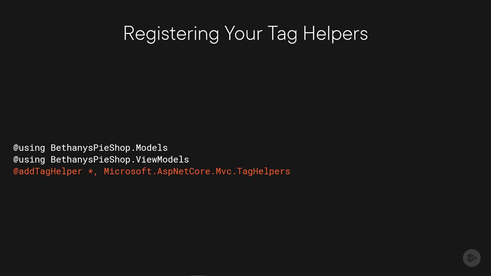Here you can see the updated view imports file, where I've now added a call to addTagHelper. To addTagHelper, we say using an asterisk, so a wildcard, that all tag helpers in the assembly Microsoft.AspNetCore.Mvc.TagHelpers should be made available. Since this code is in the view imports, the tag helpers will become available in all views in one go.